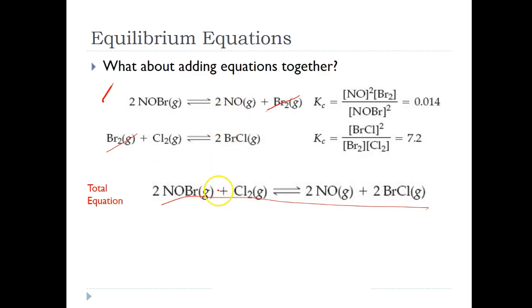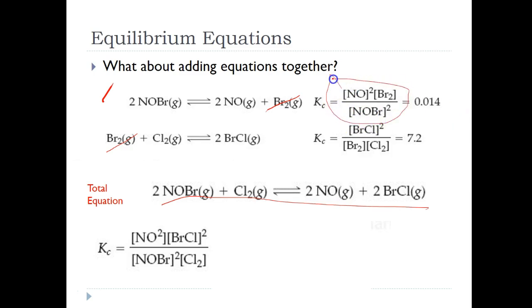In order to solve for the equilibrium constant mathematically with numbers, I write the equilibrium constant expression for the total equation, just products over reactants. We need to decide what mathematical operation I need to do to get this and this equal to that.